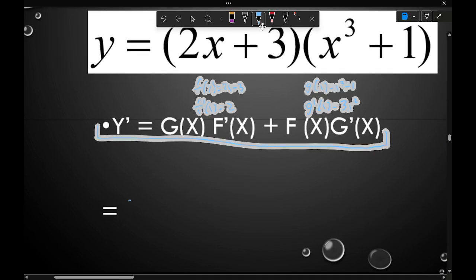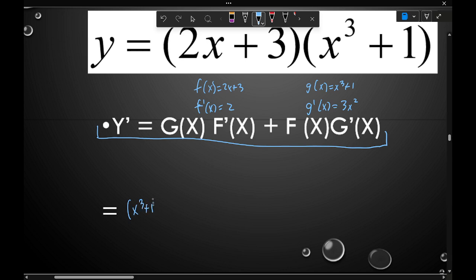So you do x cubed plus 1, which is g of x, times the derivative of f of x, or 2, and then plus f of x, which is 2x plus 3, times the derivative of g of x, which is 3x squared.